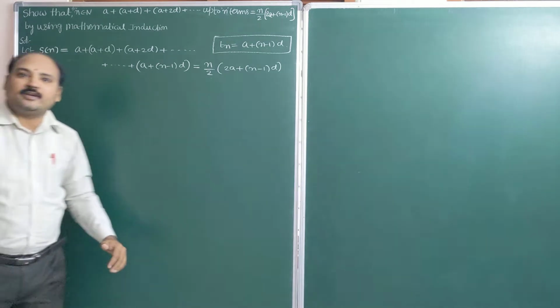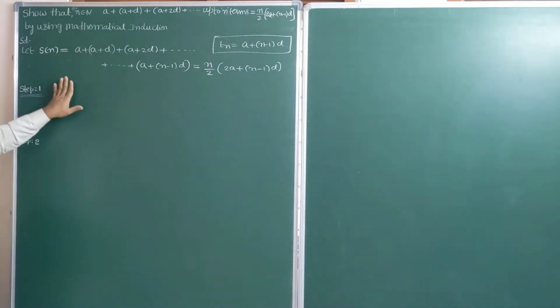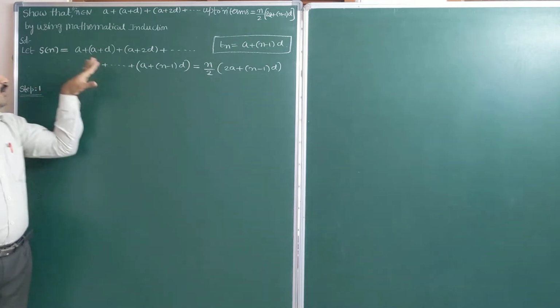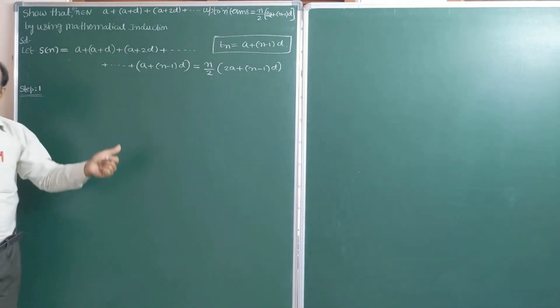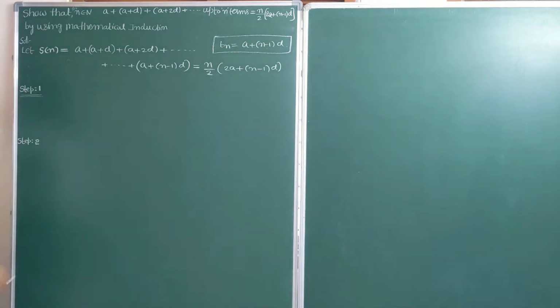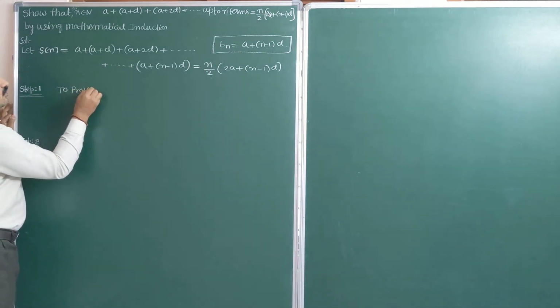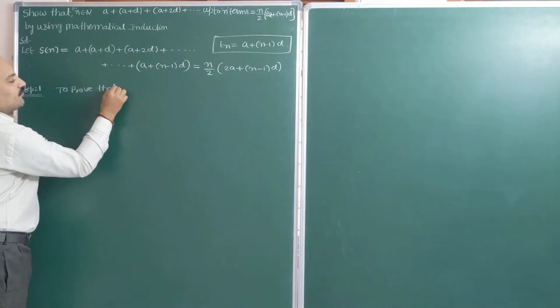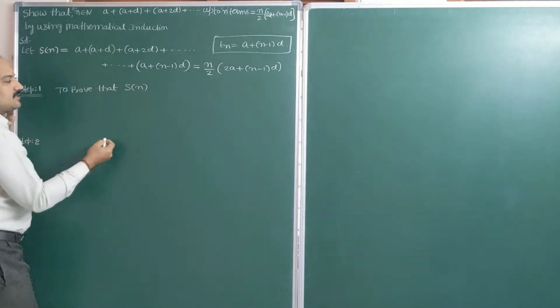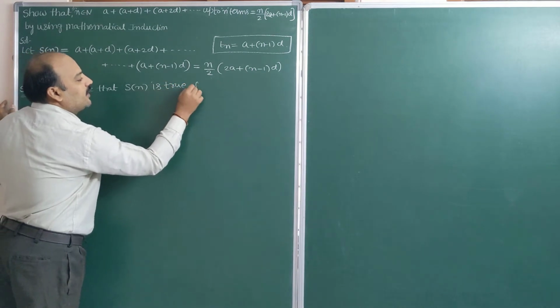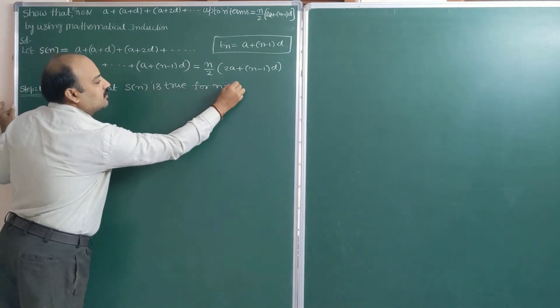Next, in step 1, we have to prove that the given statement S of n, or P of n, according to this question, is true for n equal to 1.